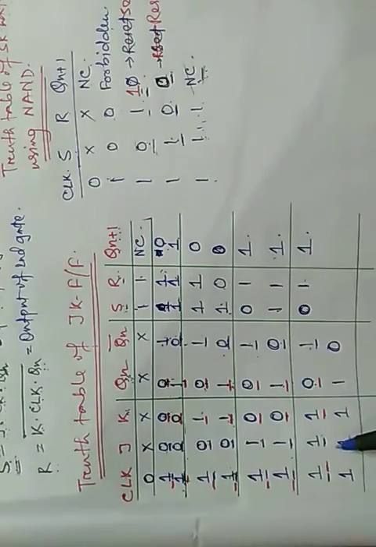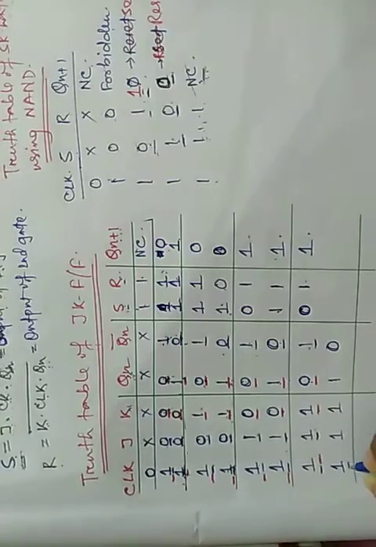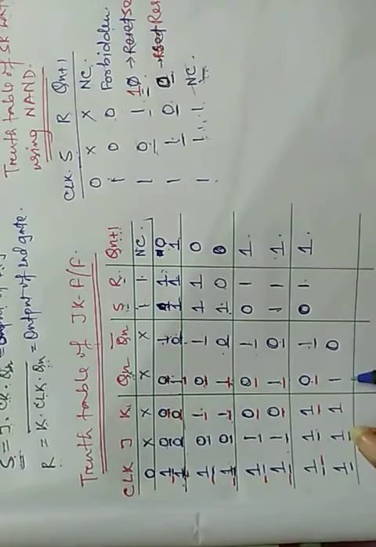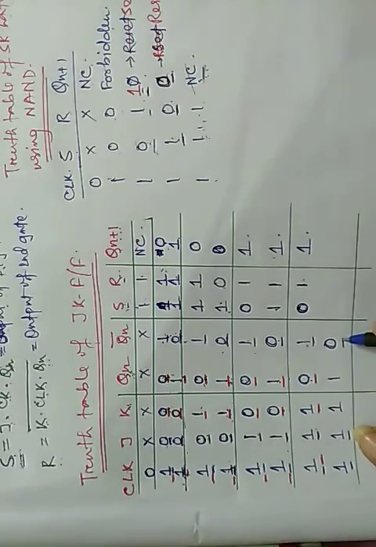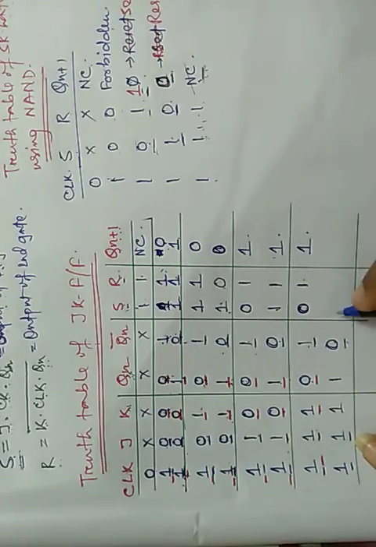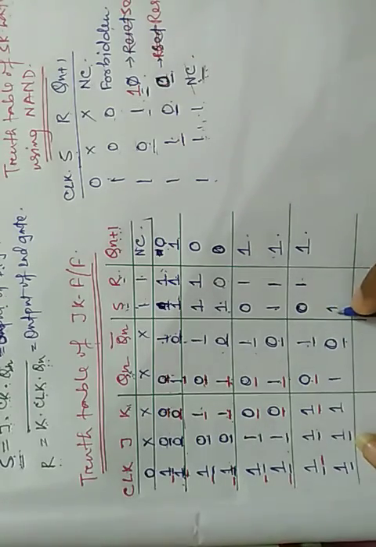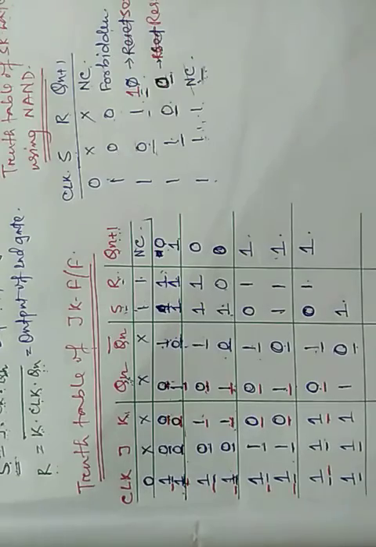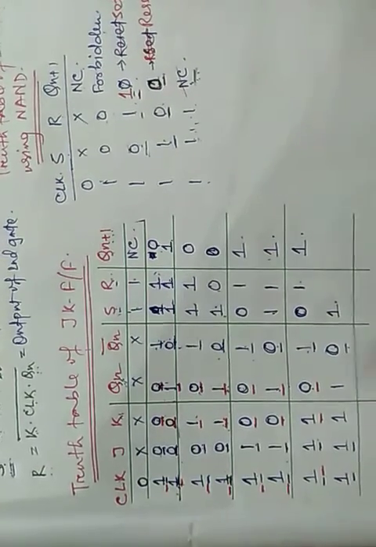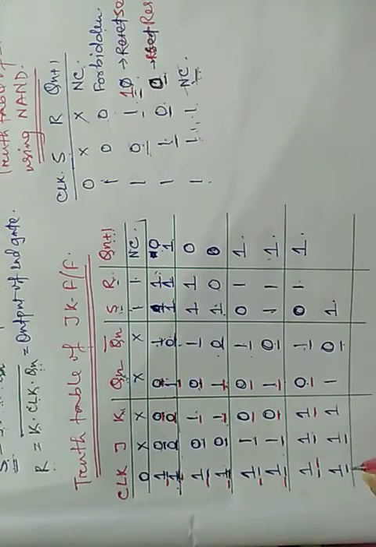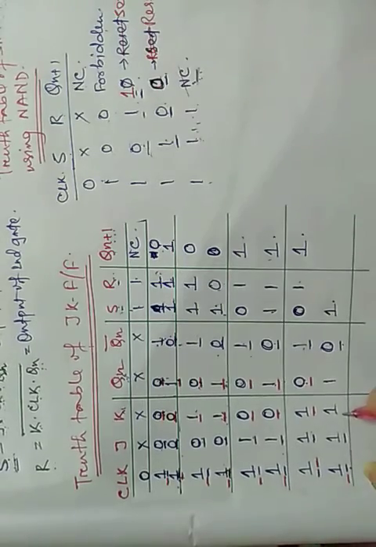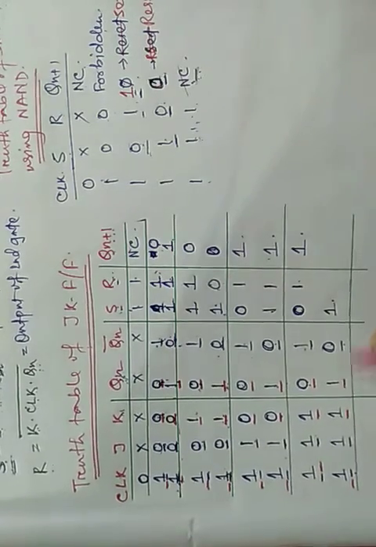And in the other case, clock is 1, J is 1, Qn bar is 0. One of the input signals is 0, so S as an input goes 1. Then clock is 1, K is 1, Qn is 1.